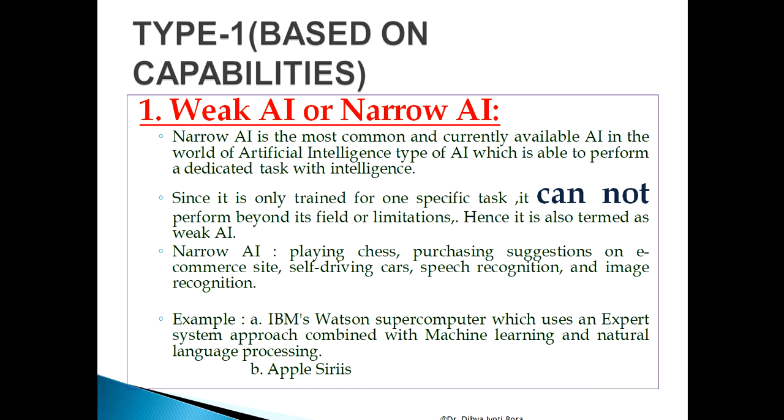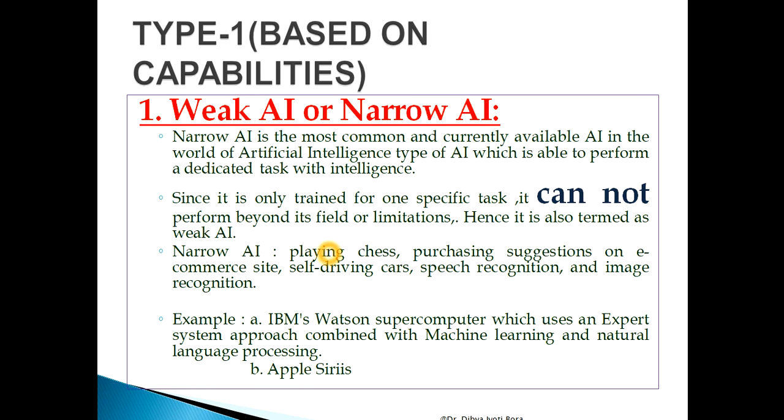But it is only trained for one specific task and may not perform beyond its field or limitation. Specific here means one particular area of tasks, like playing chess, suggestions on e-commerce sites, self-driving cars, speech recognition, and image recognition. These different areas come under narrow AI.